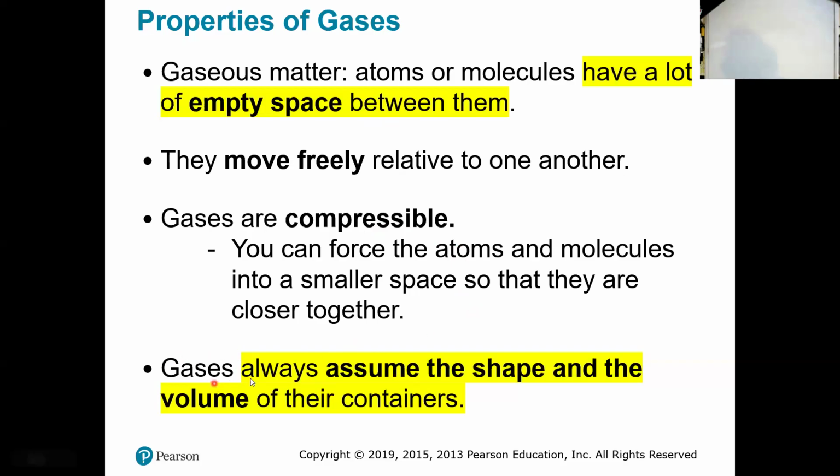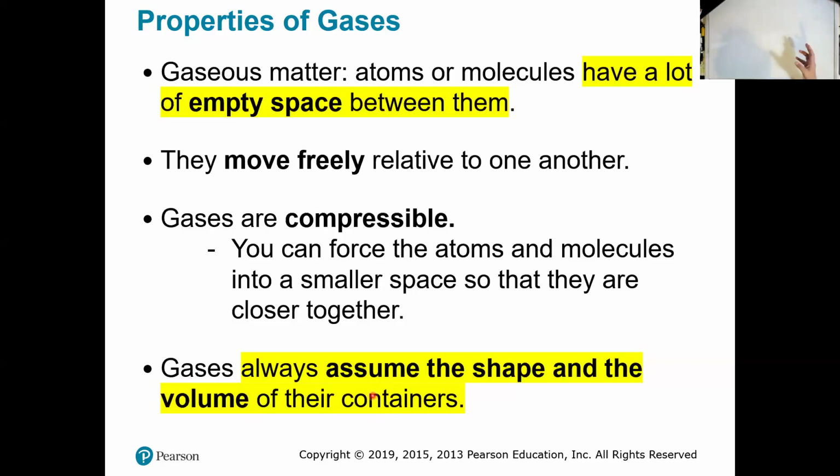Another property of gases is that they are always going to take the same shape that their container has, and they're going to fill the volume of their container. All right. Where your solids and your liquids are going to be constrained in either one or both of those ways, gases can move around. So if they're contained inside of a spherical sort of container, that'll be their shape.